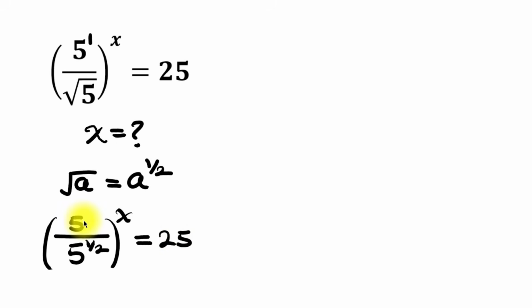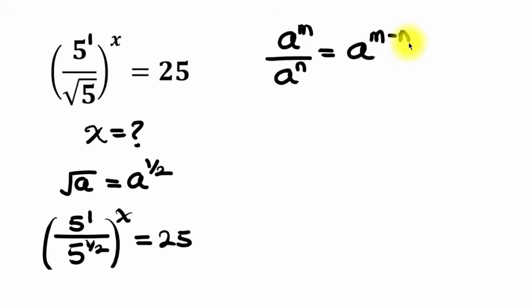Very good. Remember, this 5 is having a power of 1. Now let's apply a property of indices. The one that says when I have a to the power of m all over a to the power of n, since I have a as the base in both, I can take one of the bases, which is a, and subtract the powers, so m minus n.